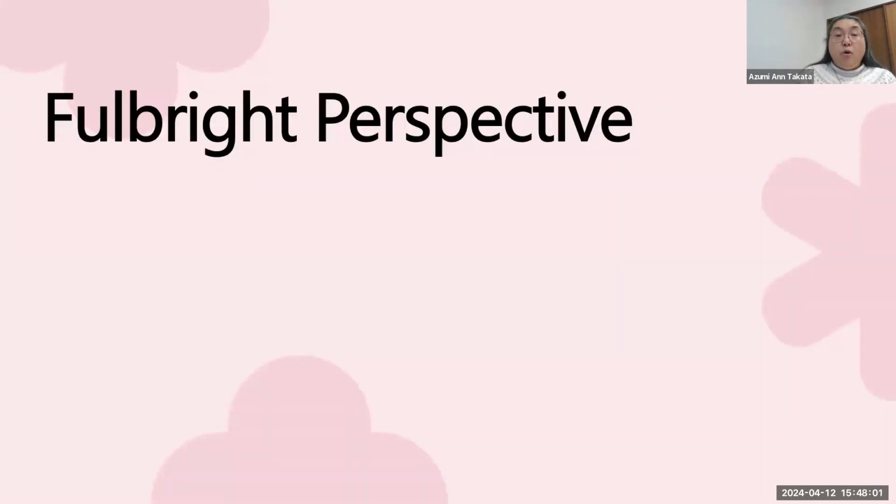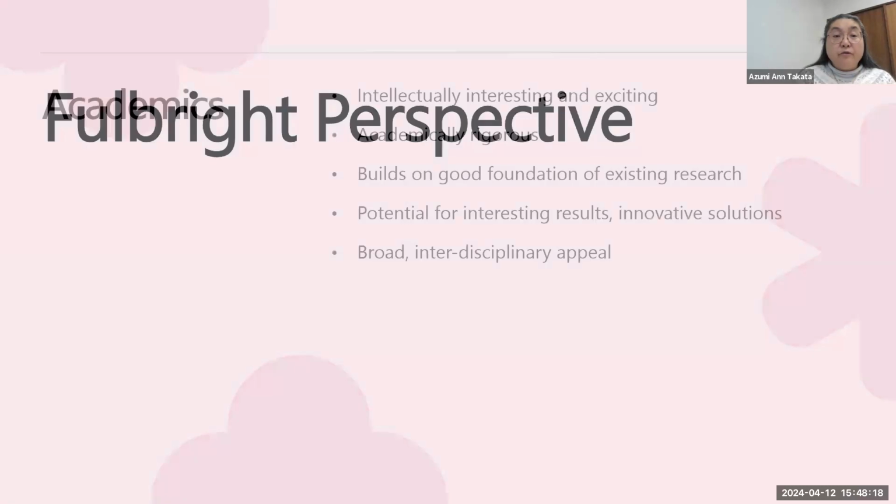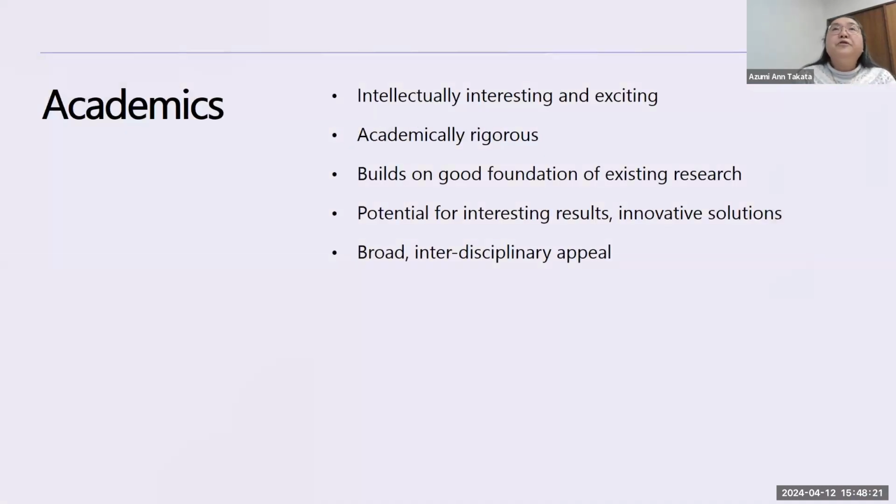Okay. So now that we've talked about the research project part of it, I want to talk a little bit about Fulbright's perspective on what it means to do an independent research project in the context of Fulbright. And there are several things to think about. First, academics.